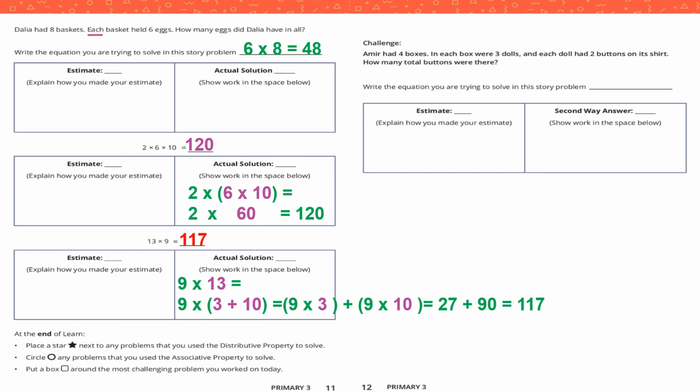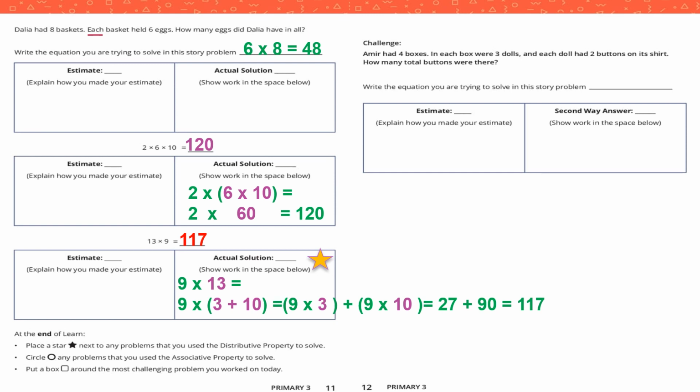At the end of learn, place a star next to any problem that uses the distributive property. Which one uses the distributive property? The last one. So I will put a star here. Circle any problem that you used the associative property to solve.